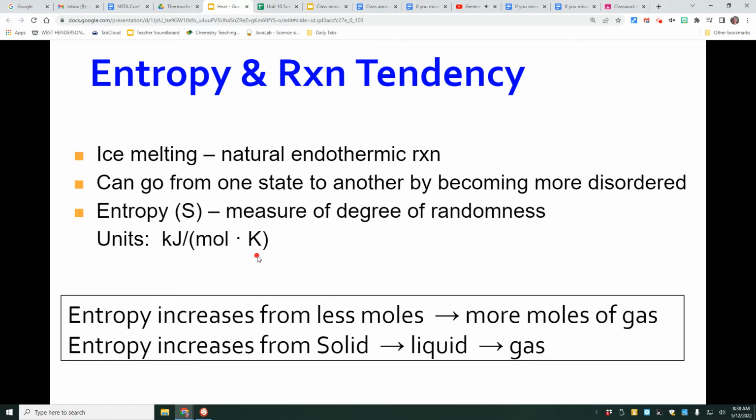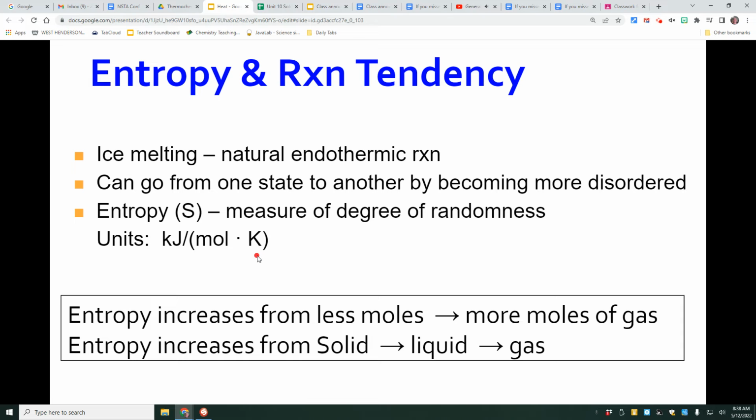Now, we have really two rules with entropy. And anytime you see the word entropy, you can replace it with the word disorder. So entropy increases, or our disorder increases, as we go from less moles to more moles of gas.